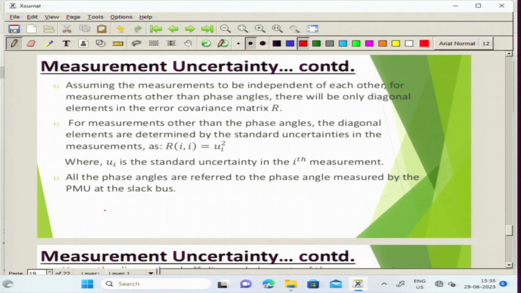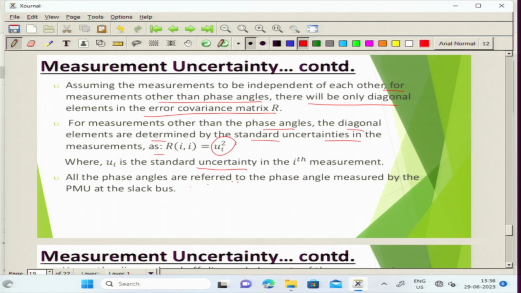Assuming the measurements to be independent of each other, for measurements other than phase angles there will be only diagonal elements in the error covariance matrix R. For these measurements, the diagonal elements are determined by the standard uncertainties as Rii is equal to Ui squared, where Ui is the standard uncertainty in the ith measurement.